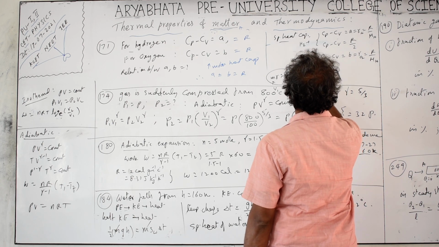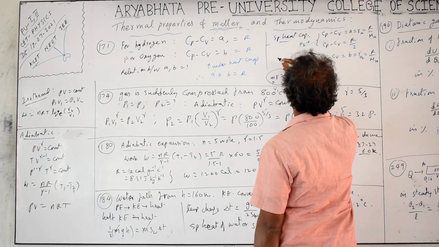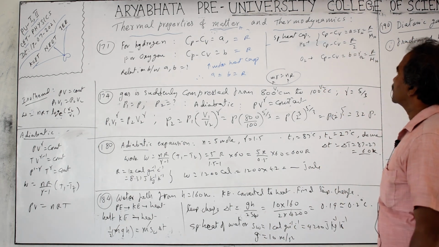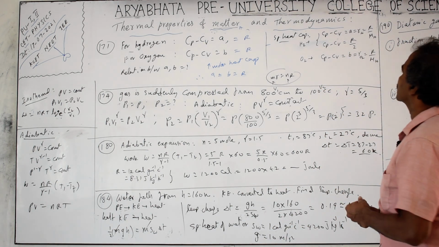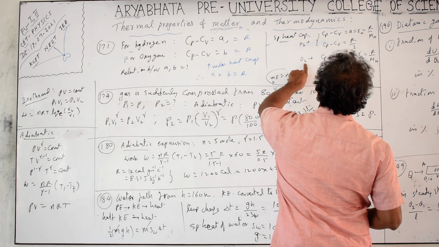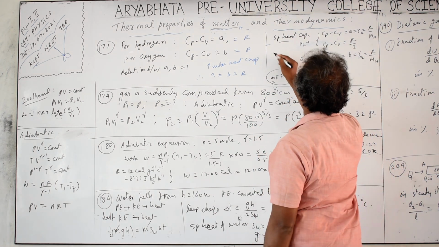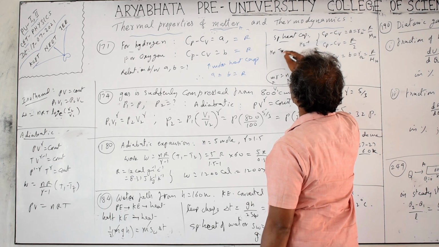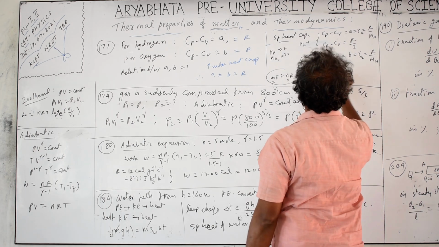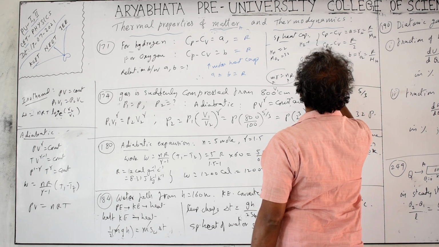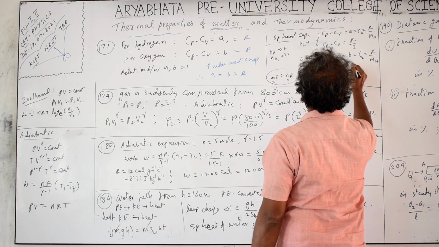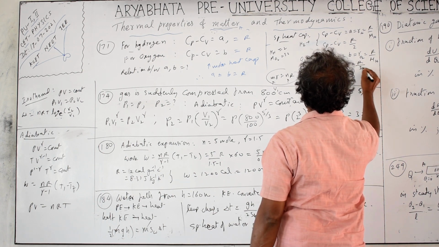Oxygen's atomic weight is 8 neutrons plus 8 protons, 16, into 2 for O2, so the molecular weight is 32. So the molar mass of hydrogen is 2, the molar mass of oxygen is 32, and the result is Cp minus Cv equal to B equal to R by 32.